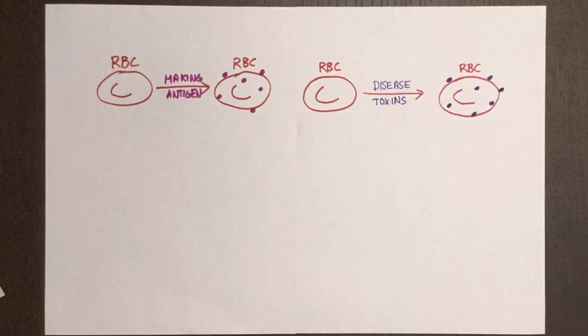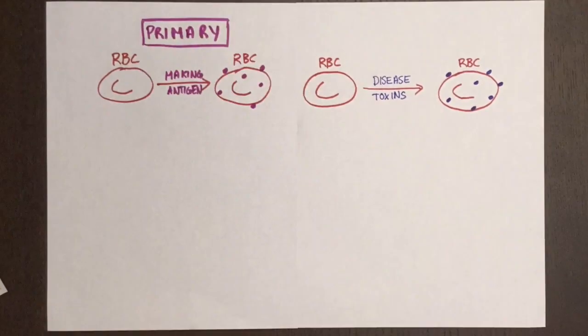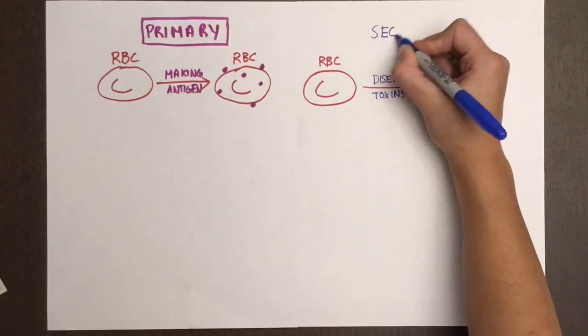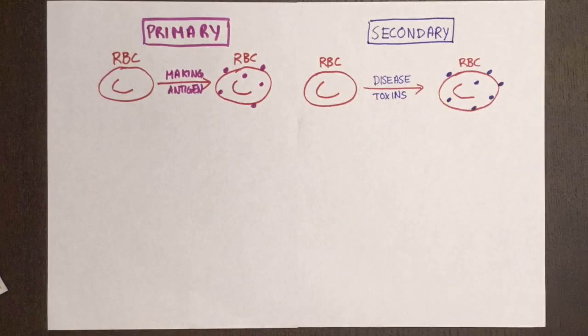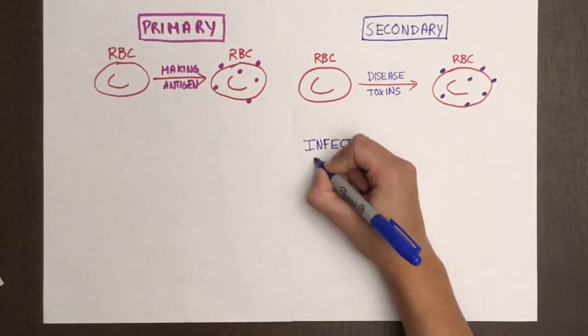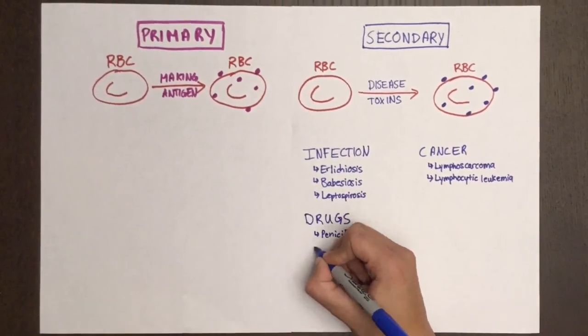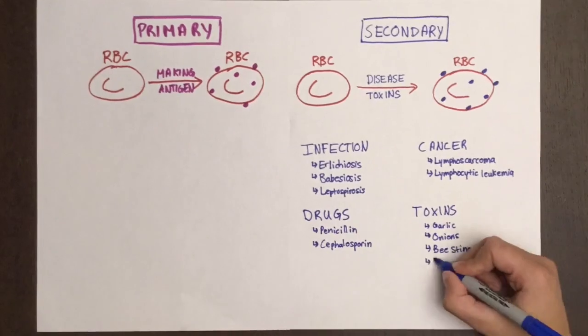If the red blood cell makes the antibody, it's called primary immune-mediated hemolytic anemia. If the antibody comes from a disease or toxin, it's called secondary immune-mediated hemolytic anemia. Things that cause secondary IMHA are infection, cancer, drugs, and toxins.